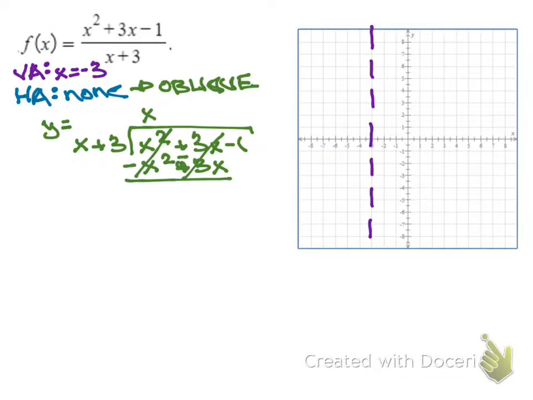Remember, for your oblique asymptote, you do the division, and your asymptote is the quotient without the remainder. So for this, our oblique asymptote will be y equals x. And we'll go ahead and dot that in on our graph. So we would have a y-intercept at 0, and my slope is 1. And we're just going to go along the diagonal here.